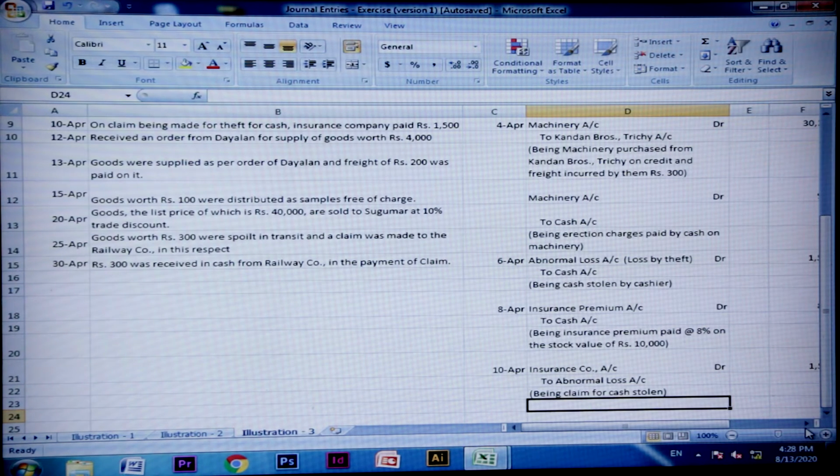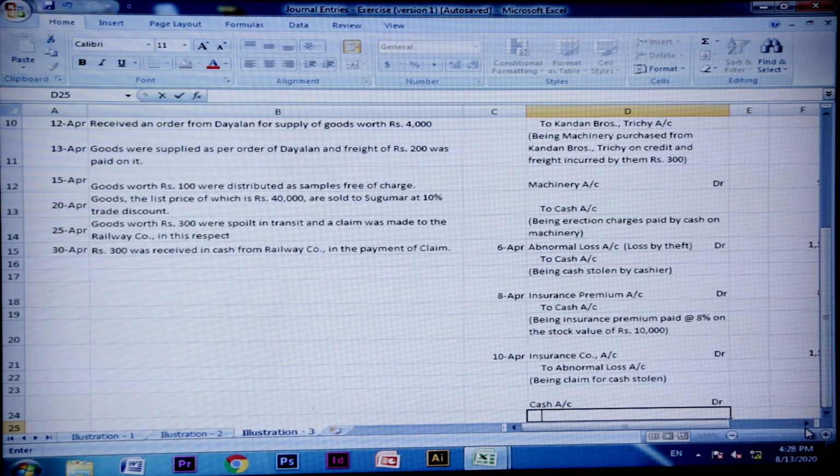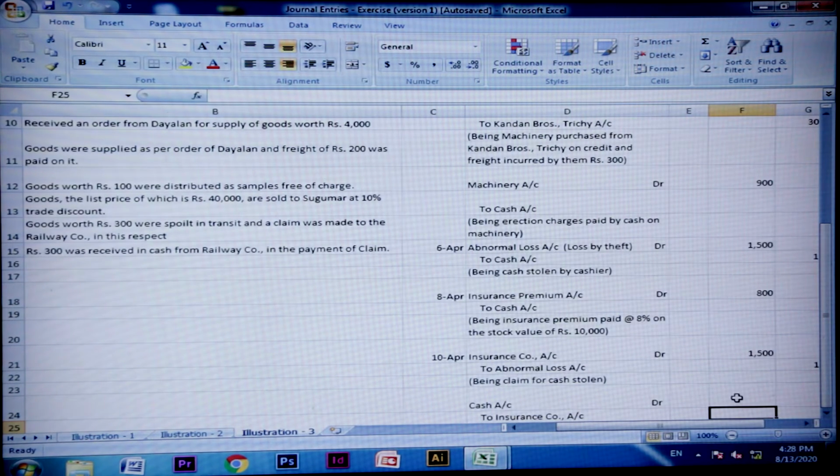If the amount is received, then cash account debit. Insurance company has given, so it has to be credited. Insurance company account credit. The entry is for 1,500.